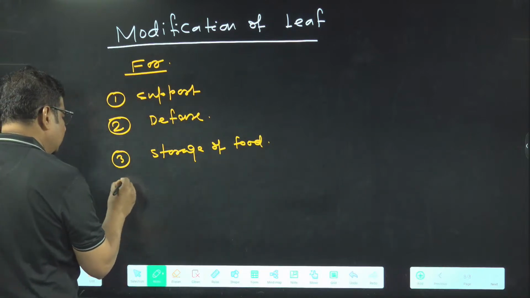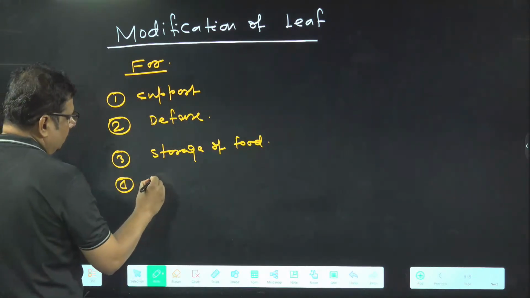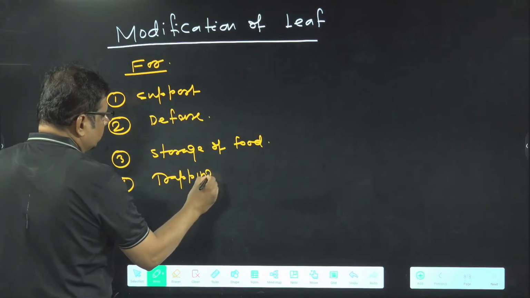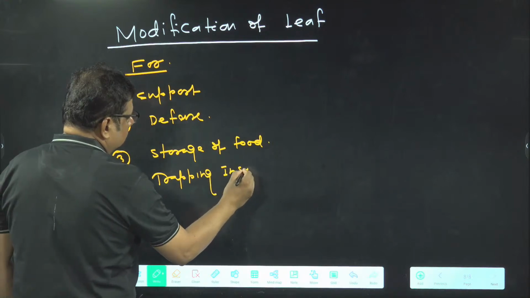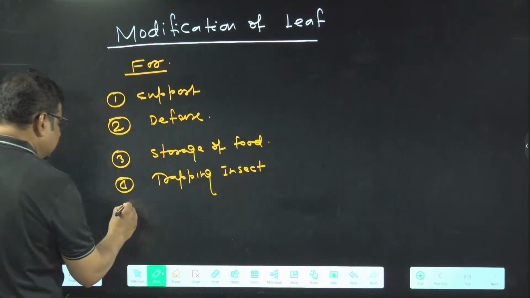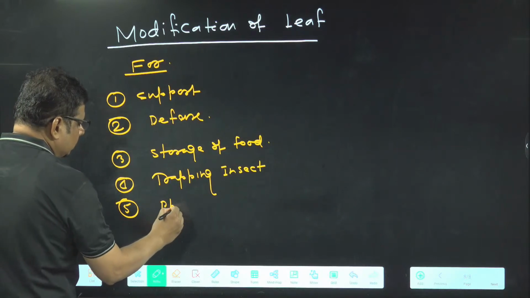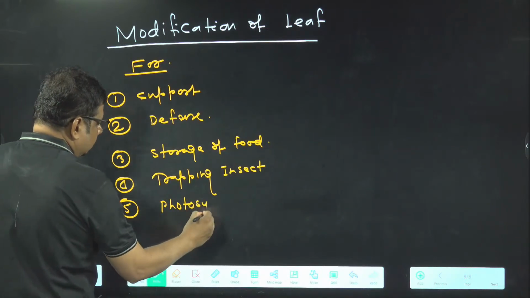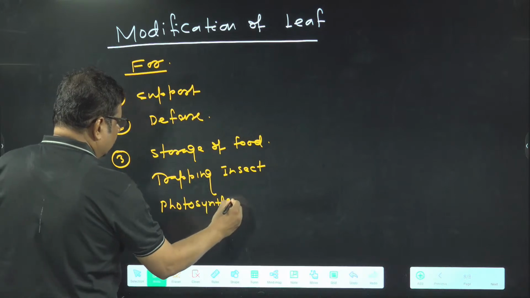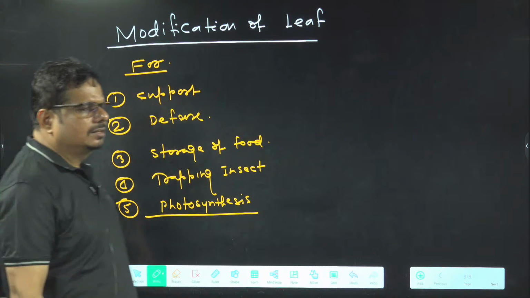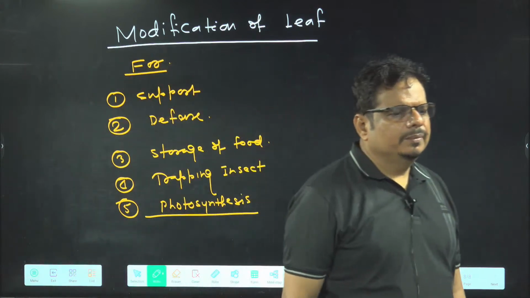Then we are going to deal with trapping insects. Then we are going to discuss photosynthesis, or you can say assimilation. Getting the idea? So these are some of the modifications we will discuss.